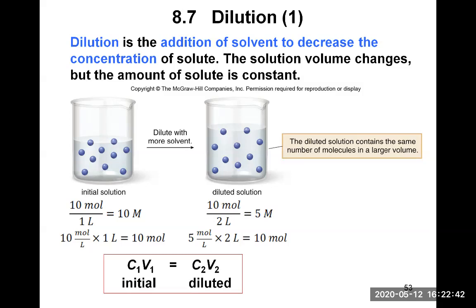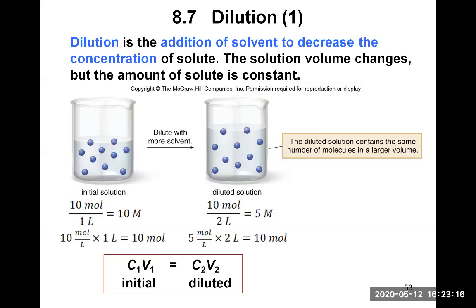According to the operations we did here, we multiplied the concentration by the volume. In our case it was molarity times volume, but in a more general form we can call the concentration C1 times V1, the volume of the initial solution, and it is equal to C2, the second concentration, multiplied by the second volume of the diluted solution.